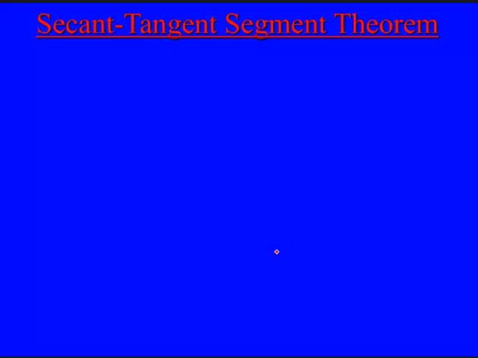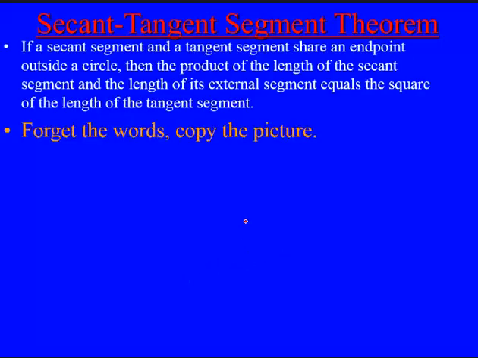Okay, last theorem for today, I think. Secant tangent segment theorem. If a secant segment and a tangent segment share an endpoint outside the circle, okay, so we're making a V, but this time part of it's going through, the other part's a tangent, so it's touching the circle.